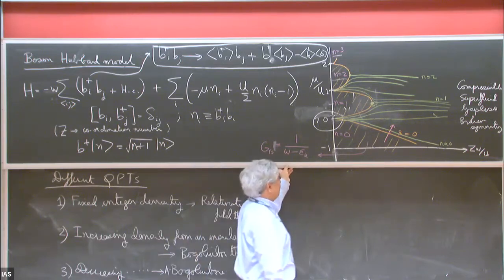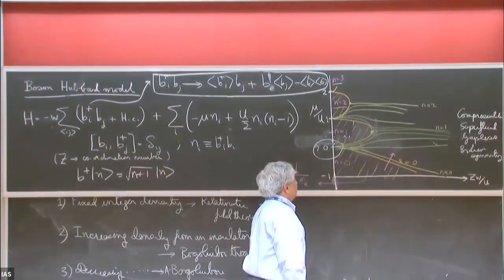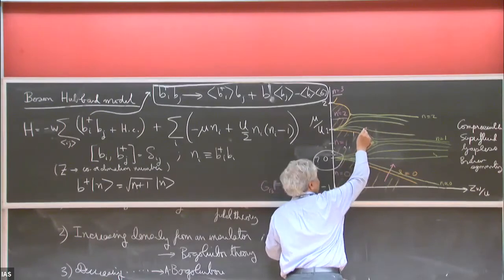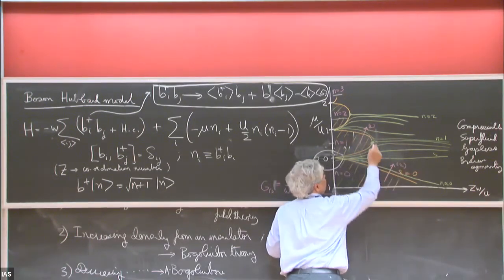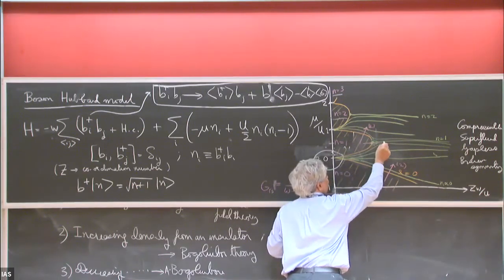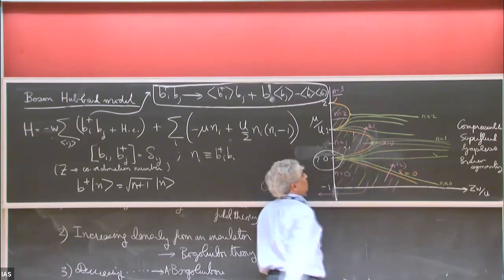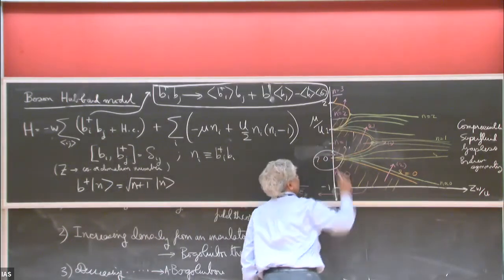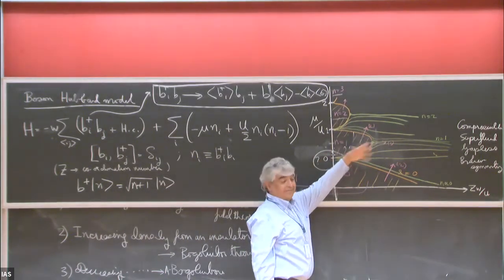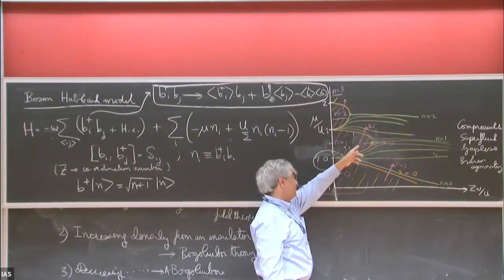However, there's another increasing density transition. This one, that's another increasing density. But this is type 2 here. This is type 1 here. And another one there. These are not as simple. There are some renormalizations, but they're finite renormalizations.